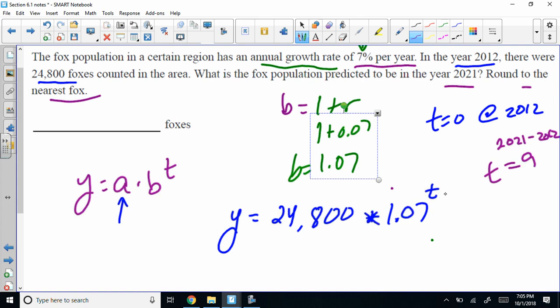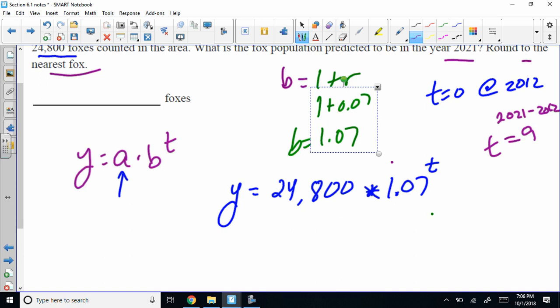So I'm going to replace t with 9. Let's figure out how many foxes we have. Evaluate that.